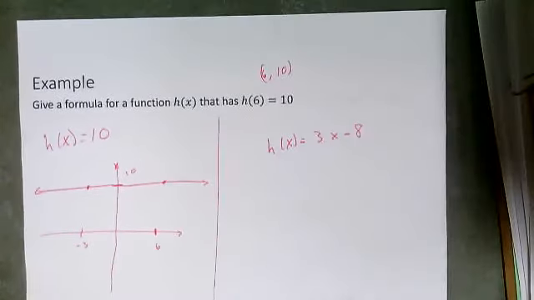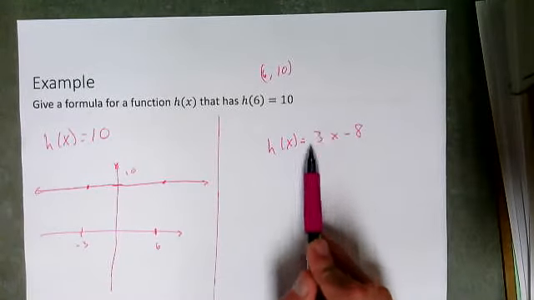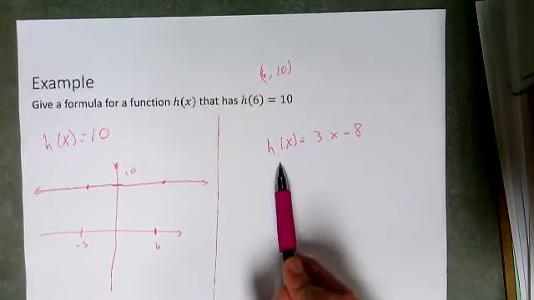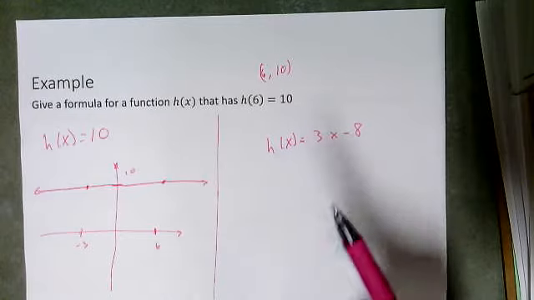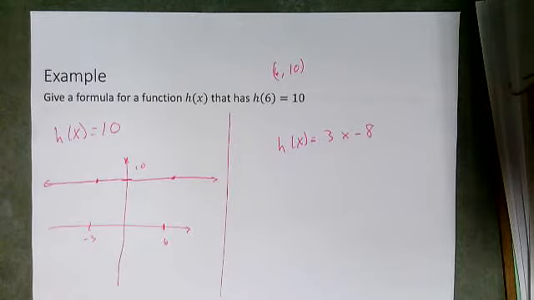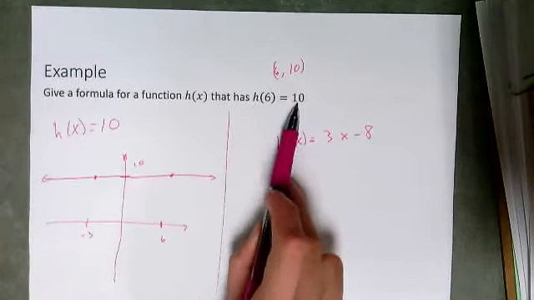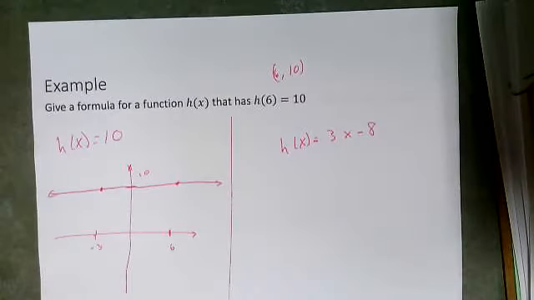Yeah, that should work. Well, if I plug in x is equal to 6, I get 18 minus 8 is 10. Right, that's another possibility. So just be a little creative and know that whatever function you give has to have that point as a solution. Okay.